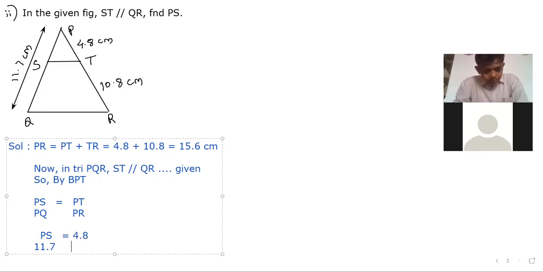Okay. So 4.8 upon 15.6. Again, single decimal, so we can make it 48 upon 156. Solve it.